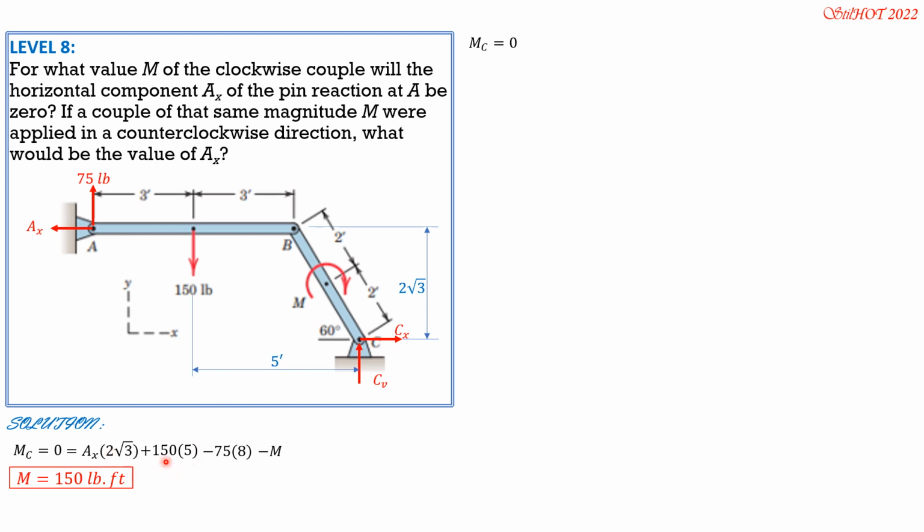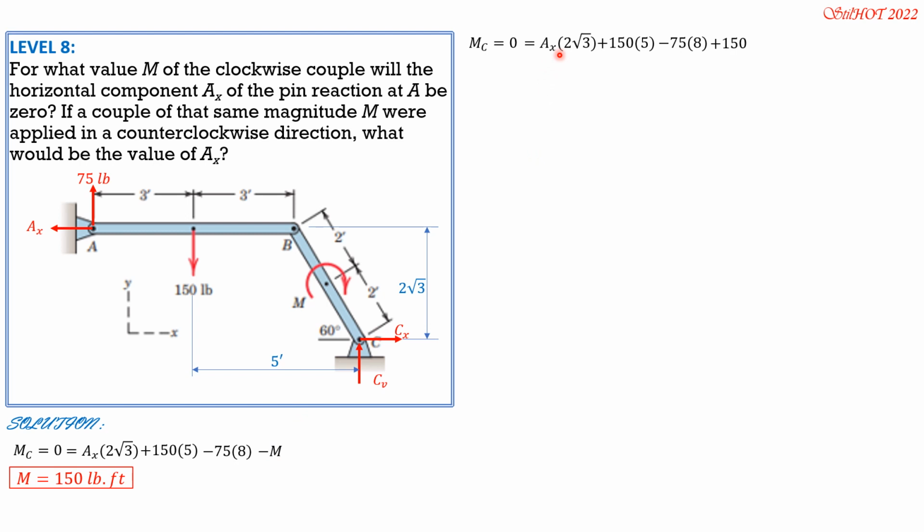So we just copy everything except that this minus M becomes plus M, and M is 150. So AX times 2 square root of 3 plus 150 times 5, then minus 75 times 8, then plus 150.